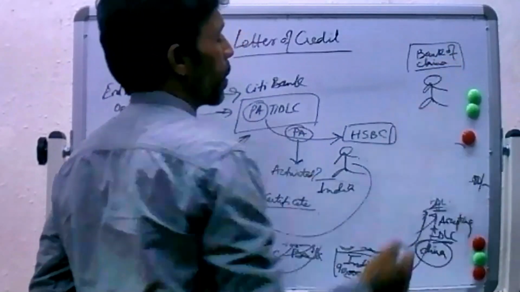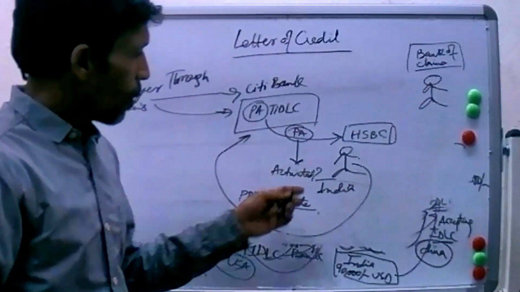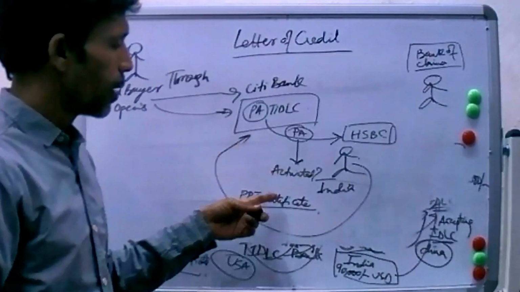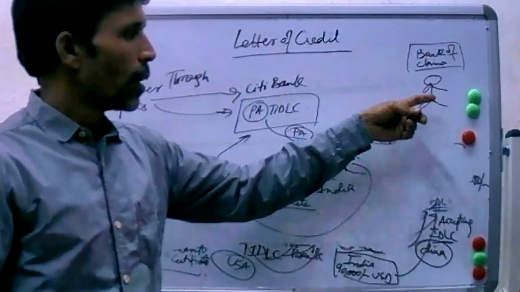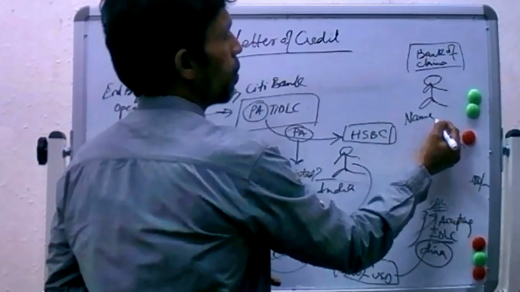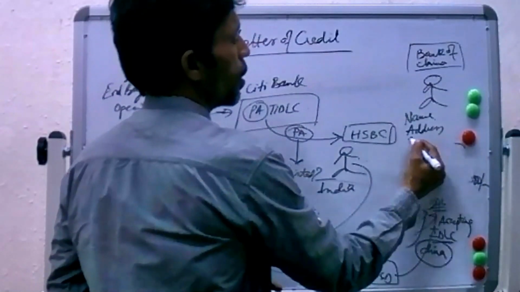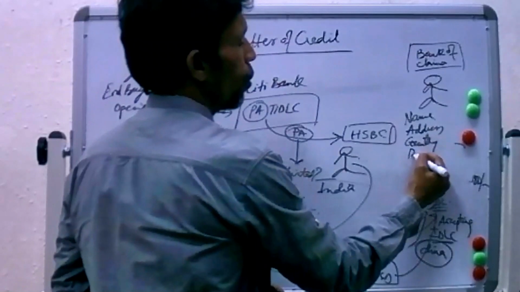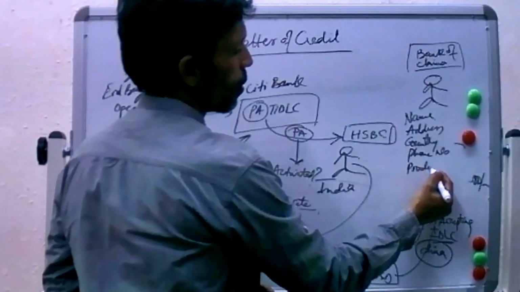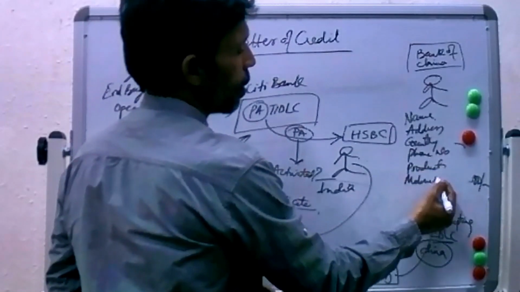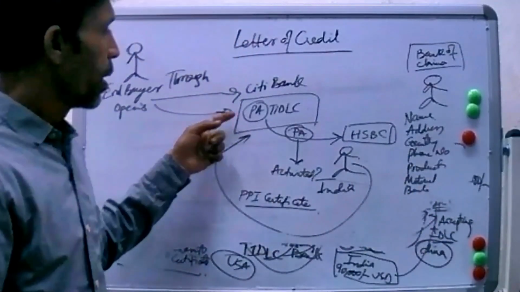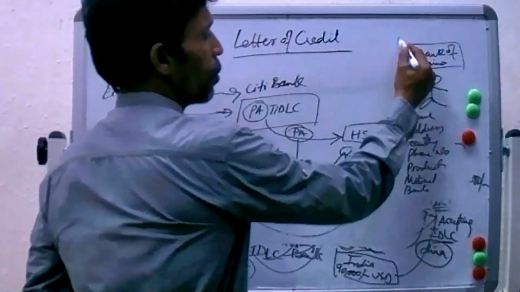Once you provide this PPI certificate, the bank will look and they know about the supplier: supplier name, address, country, phone number, product, material, bank account, everything. Citibank will come to know everything about this supplier.